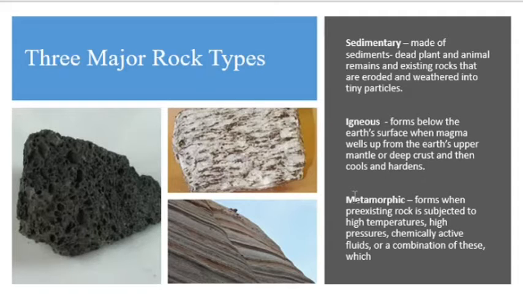Metamorphic forms when pre-existing rock is subjected to high temperature, high pressure, chemically active fluids, or these combined. So basically, sediment ay galing sa dead plants and animals, igneous galing sa magma, and then ito naman galing sa pre-existing rocks.